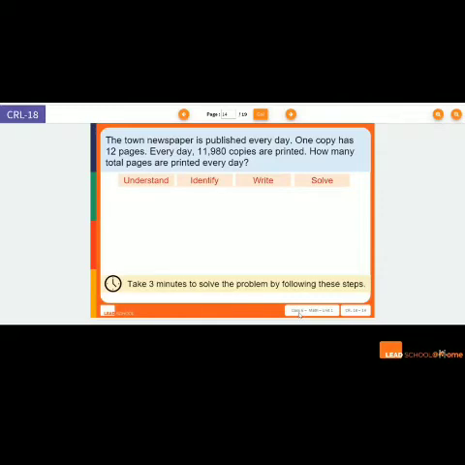One minute up, 2 more minutes to go. Last 1 minute.